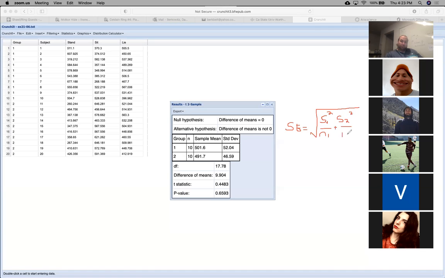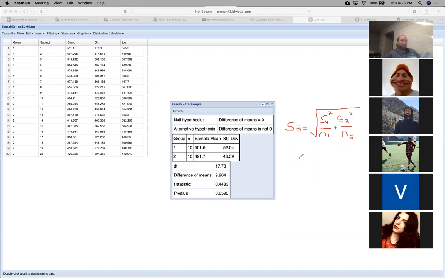All right. Well, let's calculate it. 52.04 squared divided by 10, and the other one is 46.59 squared divided by 10. We're going to add these two numbers, and then take the square root.